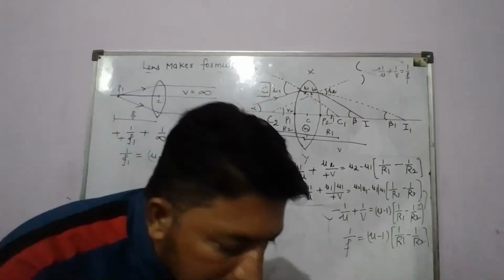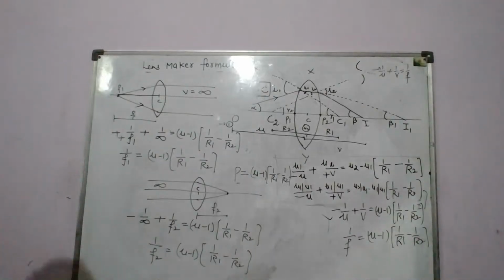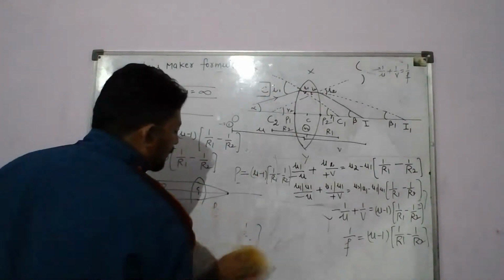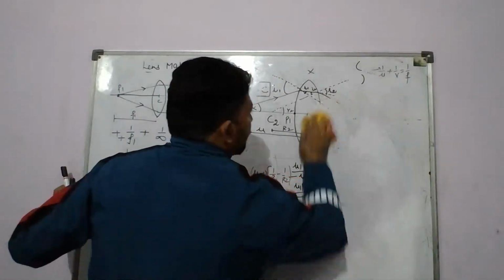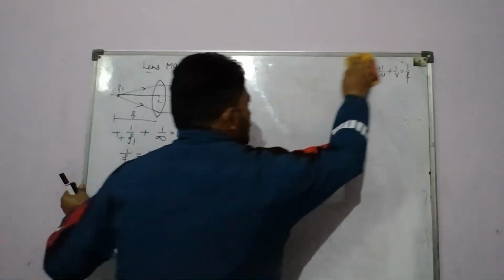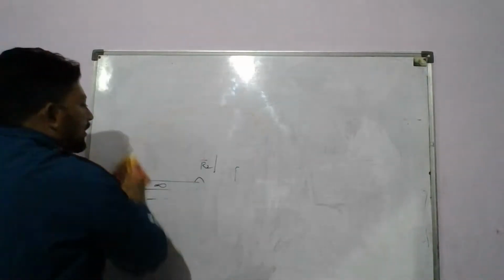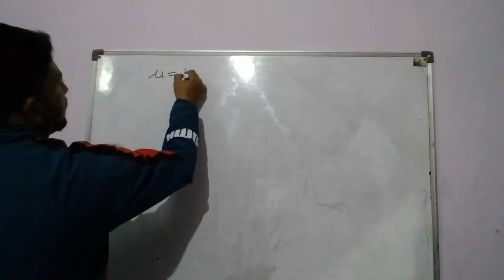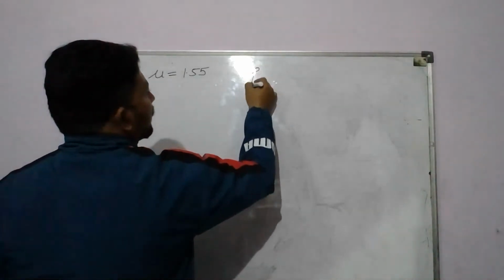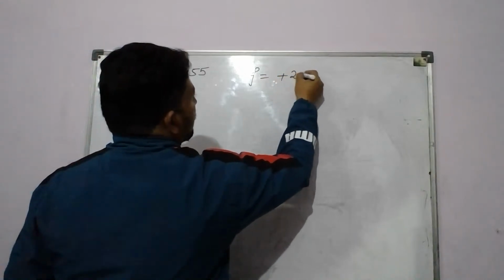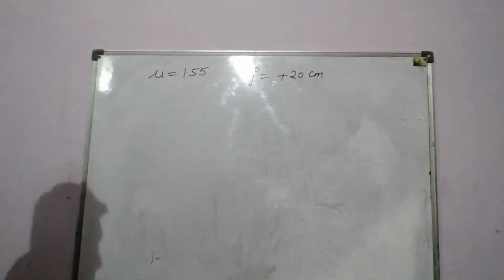Two things are given: first one, the refractive index mu is equal to 1.55, and second one, the focal length f is equal to 20 centimeter, for the biconvex lens.